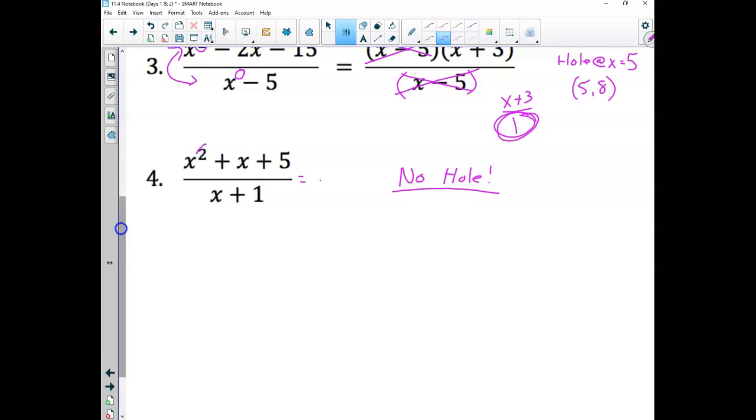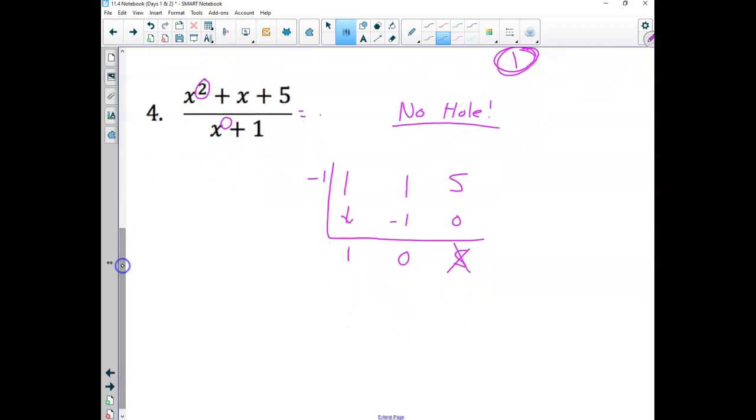And because the top was exactly 1 more than the bottom, we used synthetic division with 1, 1, 5, and we synthetically divided out what made the denominator 0, and we found what we got here. For slant asymptotes, we ignore our remainder. And remember, this was an x squared plus an x plus a 5.